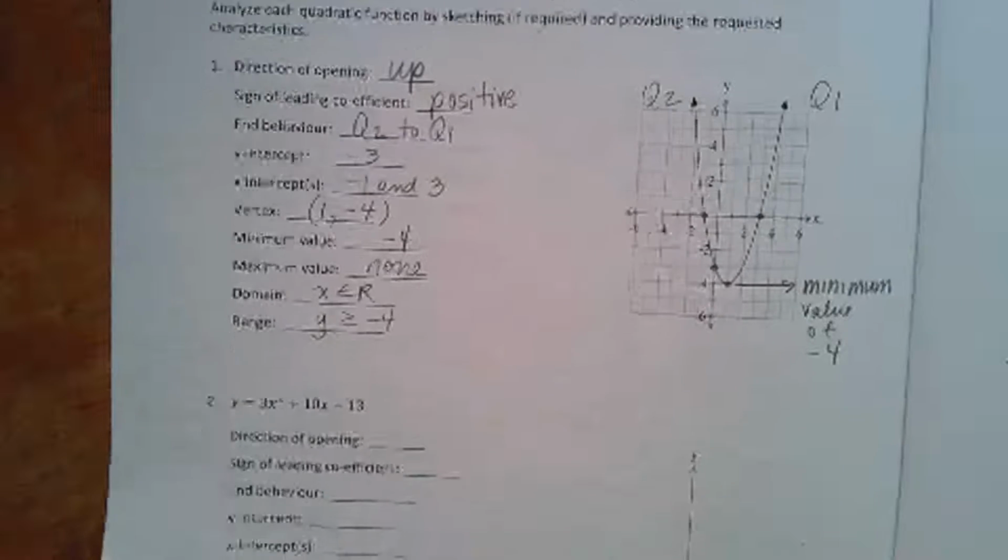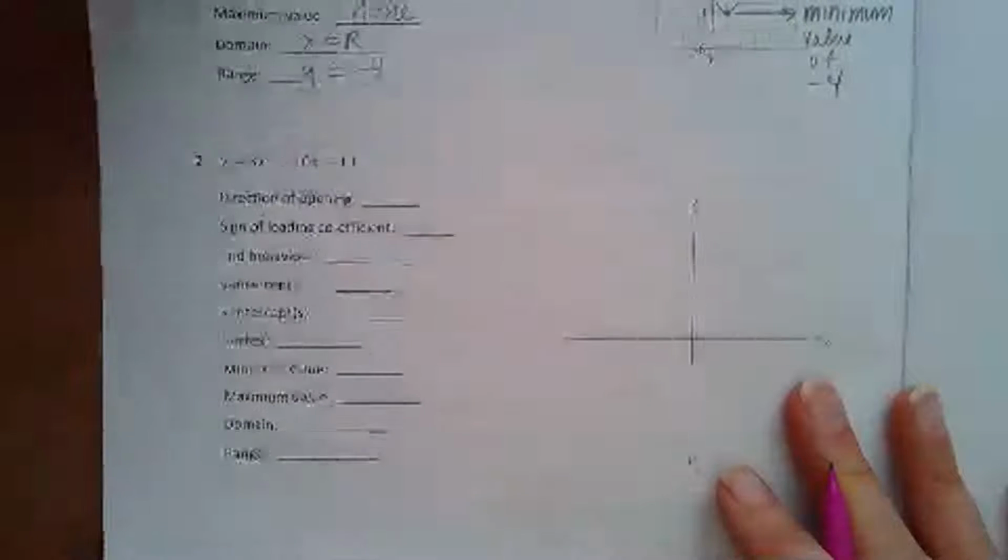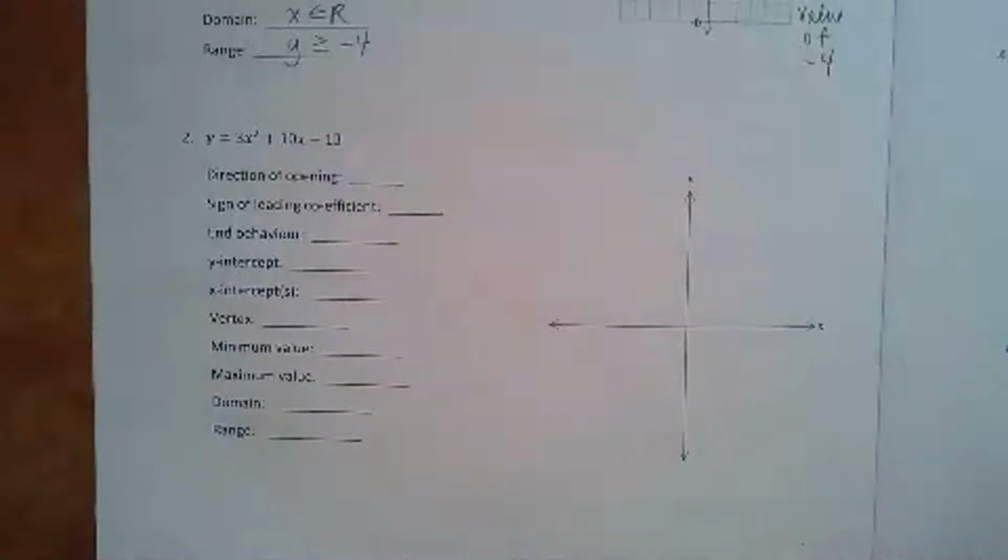Let's try number 2. Number 2 is a little bit different because it does not give us the picture, it gives us the equation. So that requires a little more work on our part.